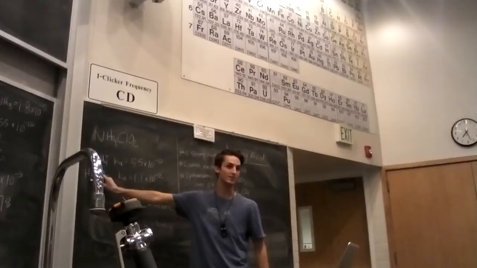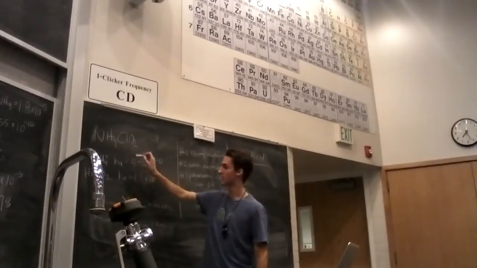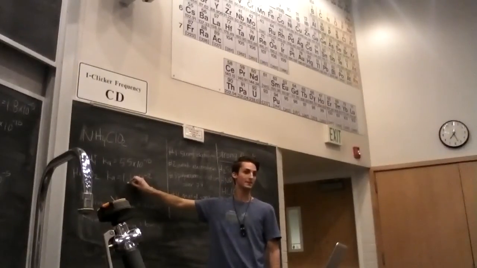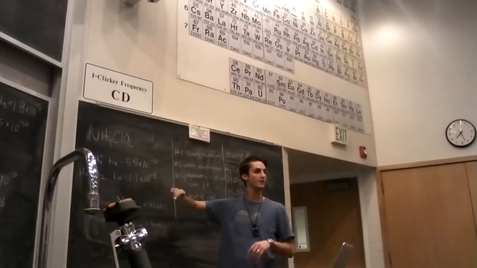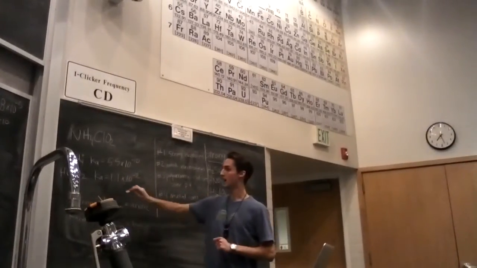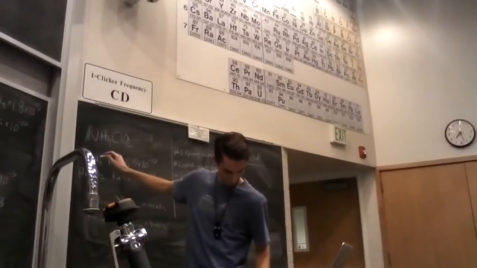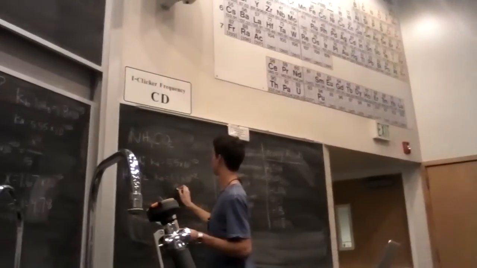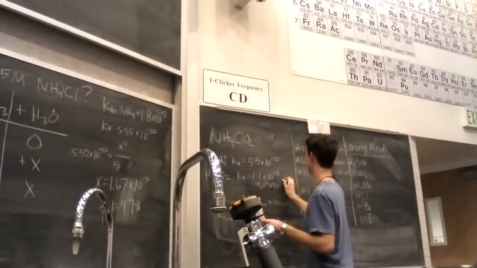Because I don't have HClO2 in this. I have its conjugate base. So the first thing I need to do is convert that to a Kb. I do that by taking 1 times 10 to the negative 14 divided by the Ka, which is going to equal my Kb. Right? And when I do that out, I get 9.09 times 10 to the negative 13.